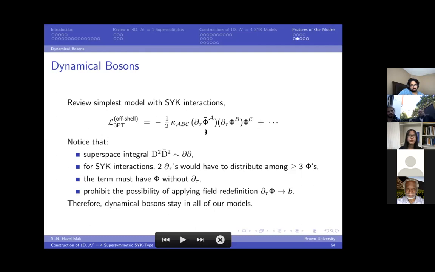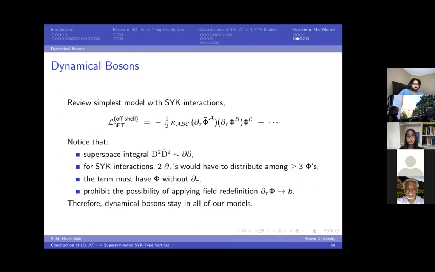But you are talking about SYK type terms, so you will have 3 superfields, and you need to distribute that 2 among these 3. So there must be some terms that don't have a derivative acting on them. Even in free theory, you can do a trick of eliminating the dynamical boson by a field redefinition and forcing it to be auxiliary. But in this case, we cannot do that because of the existence of this kind of interactions.